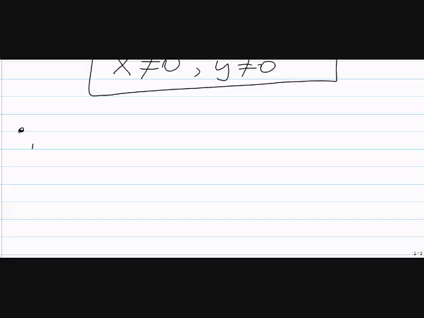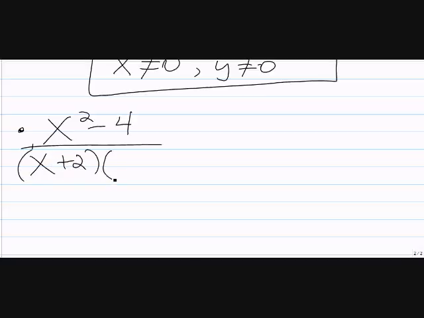Let's do x squared minus 4 over, now let's have a negative exponent, x plus 2 times x minus 2 to the negative 2 power. First, that's the first thing we deal with.